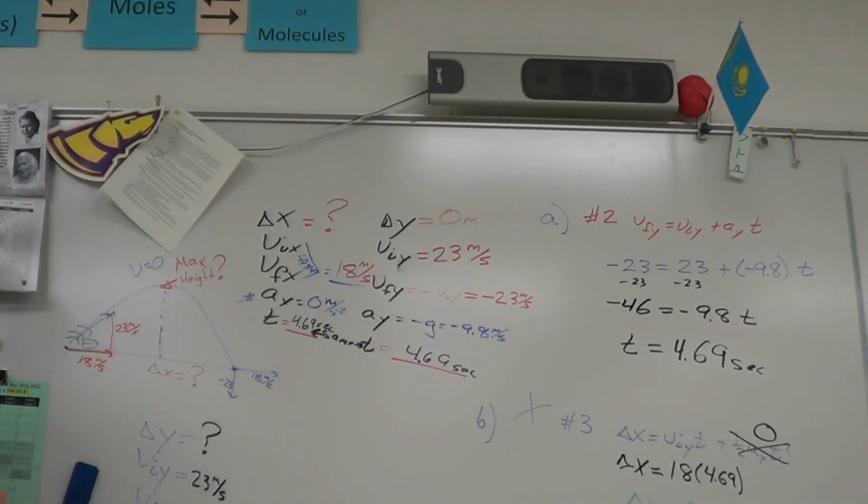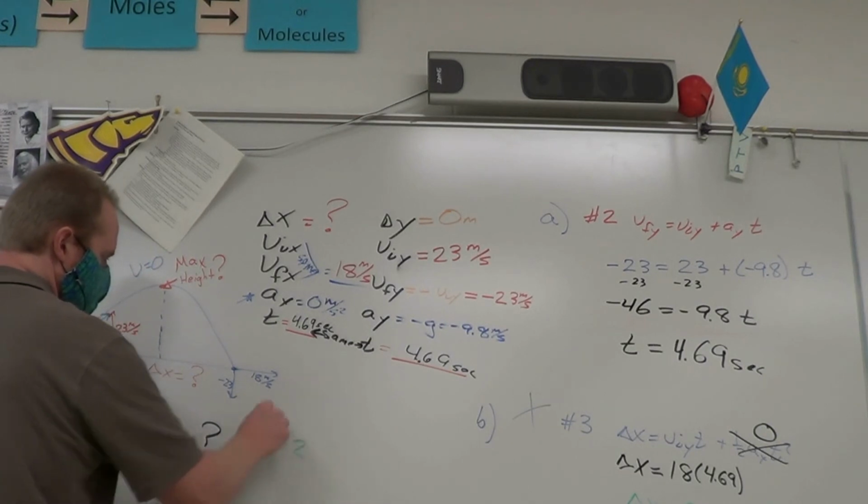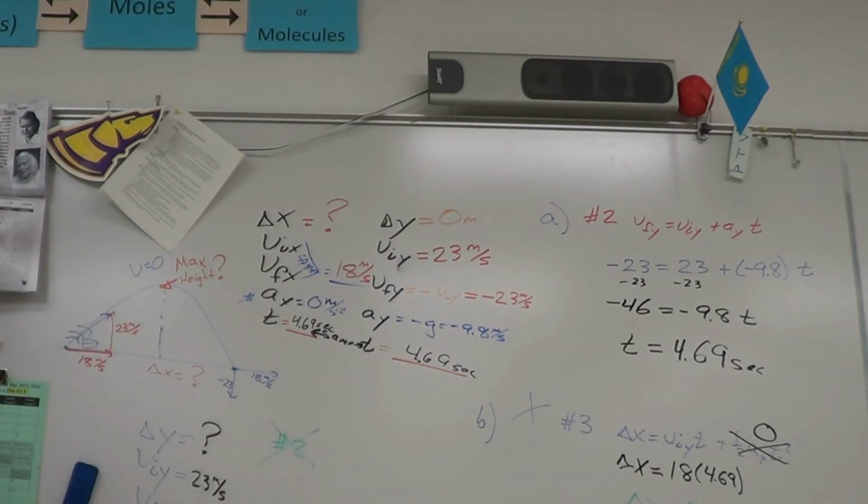The one we can't use is equation number 2, because there's no delta y in it. We could use equation number 3 because we know VI, we know T, we just got to do that algebra quick, divide that by 2. We know 1/2, we know AY, and we know T squared.